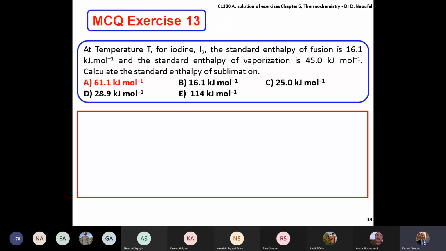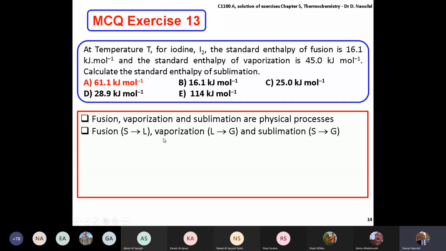First of all, we have to define the meaning of fusion, vaporization, and sublimation. All are physical transformations. The fusion is a physical transformation with a change of state from solid to liquid, and the temperature of this transformation is constant.